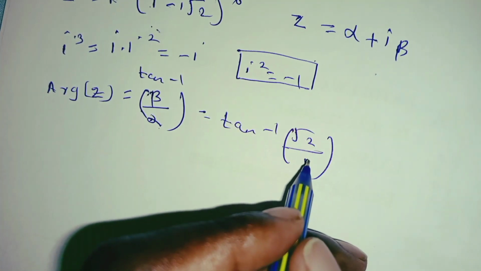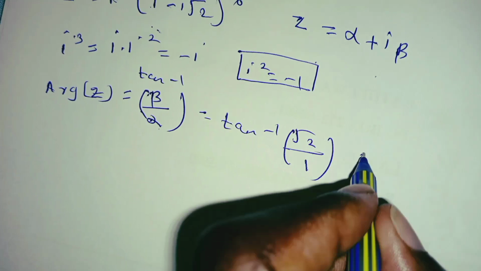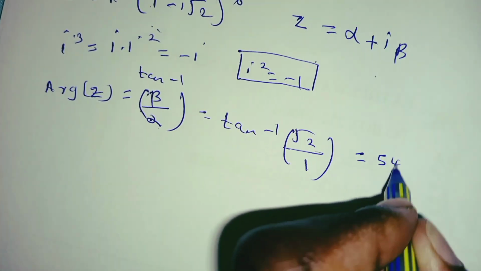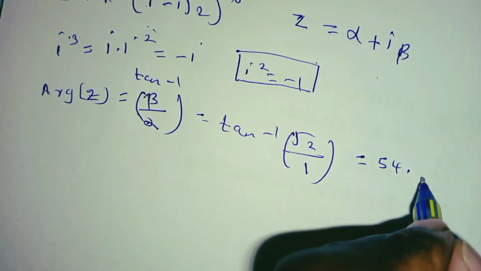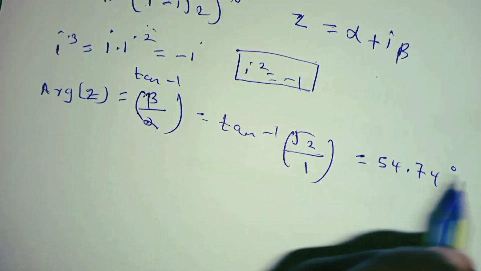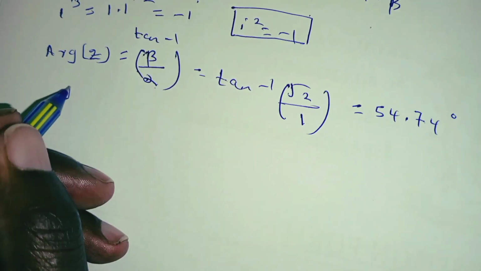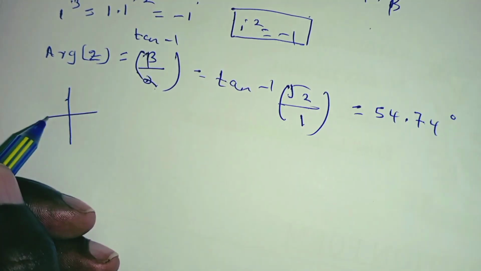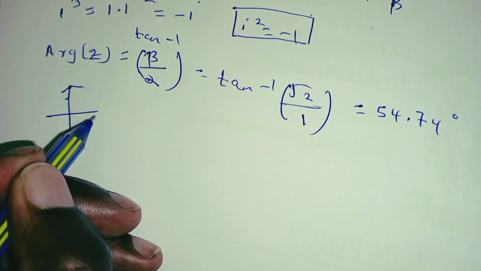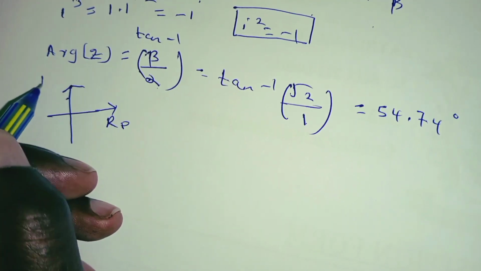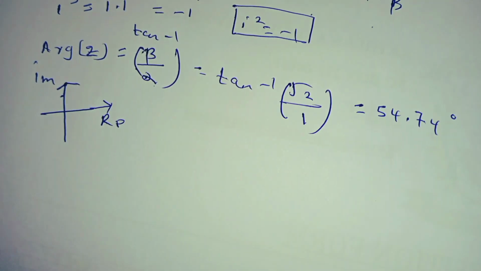So from your calculator, you can obtain the tan inverse of root 2 over 1, which will give you 54.74 degrees. Then we make use of the Cartesian plane and we take into consideration the real part and the imaginary part. I stands for the imaginary part.